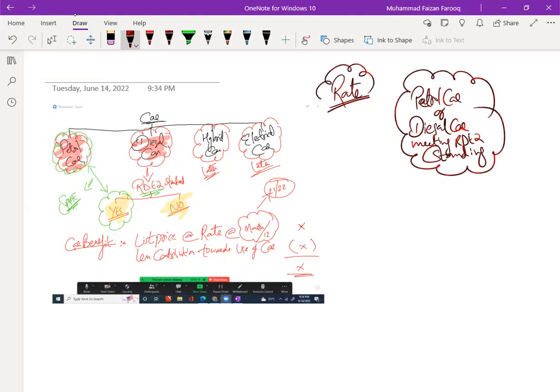Please note down that the rate is based on CO2 emission. CO2 emission means carbon dioxide emitted by the car into the atmosphere. The higher the carbon dioxide, the higher the rate will be.